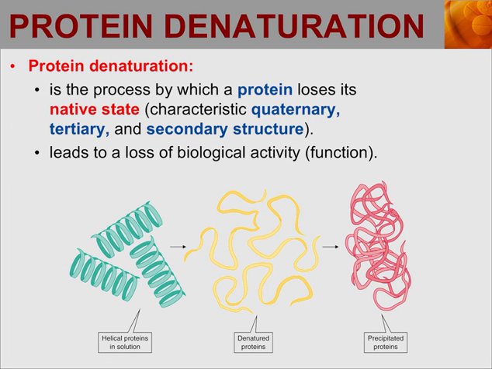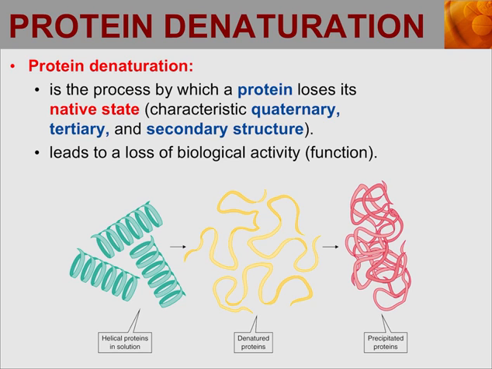There's also protein denaturation. This is where a protein loses its native state. The native state is what we use to refer to all of those structural elements we just talked about: the quaternary, tertiary, and secondary structure, but not the primary structure. For example, this is similar to eggs.